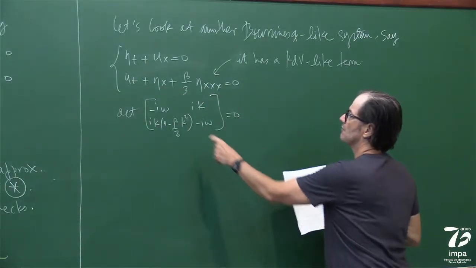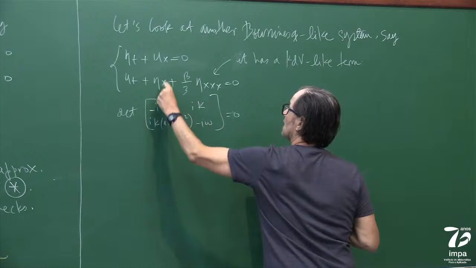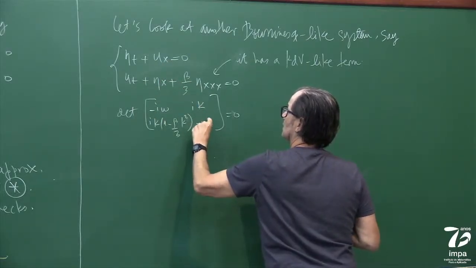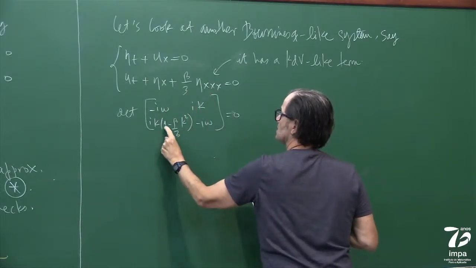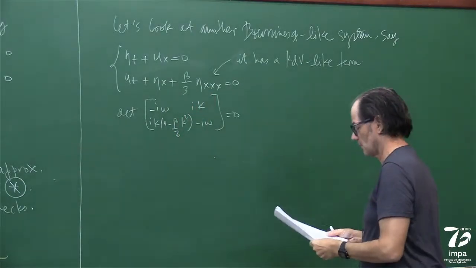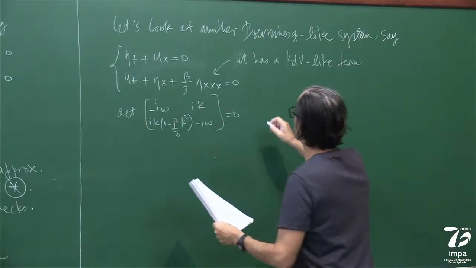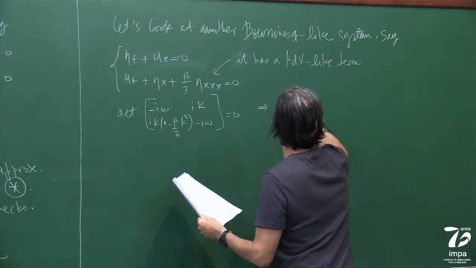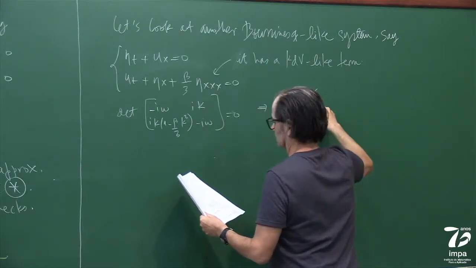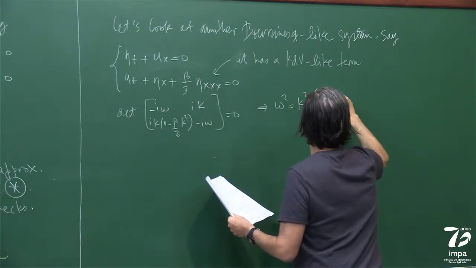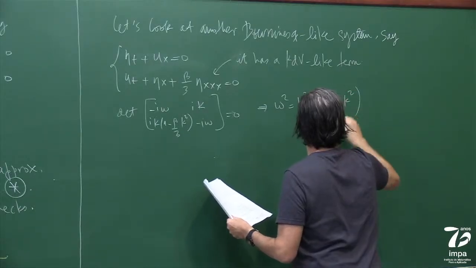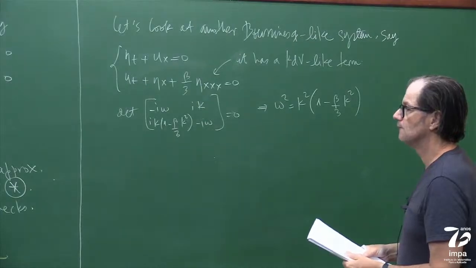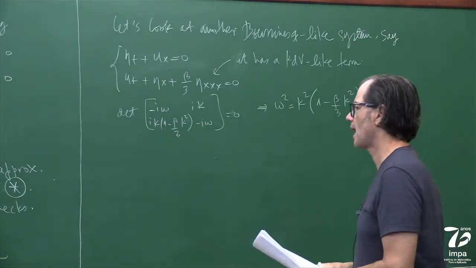Okay, so we see here the first equation, derivative in time, derivative in space, derivative in time, and this derivative in space is this. This gives us the dispersion relation, which is this.